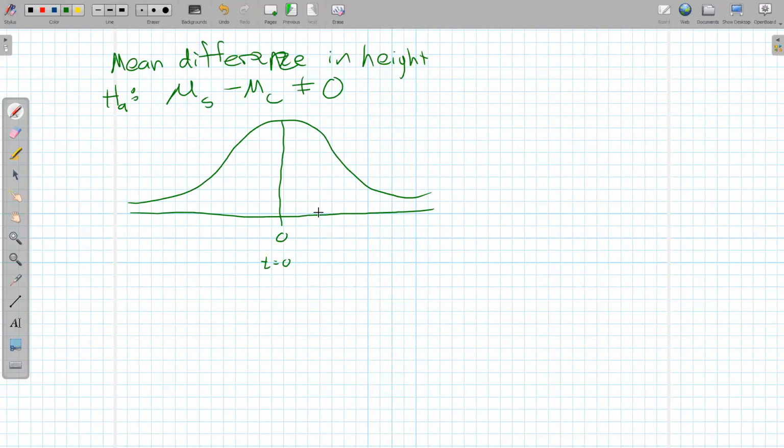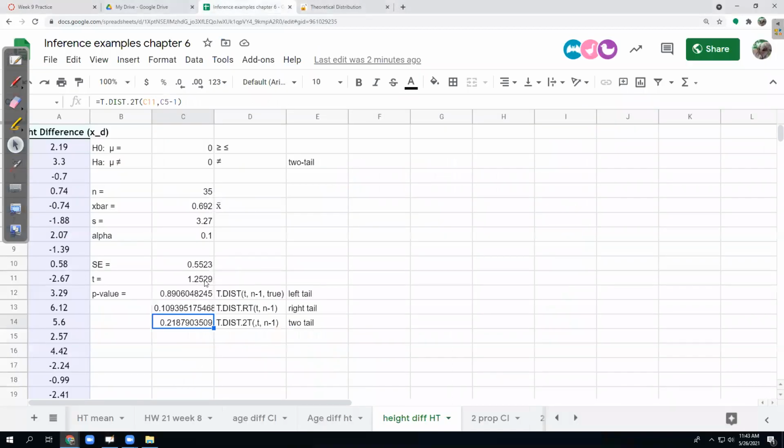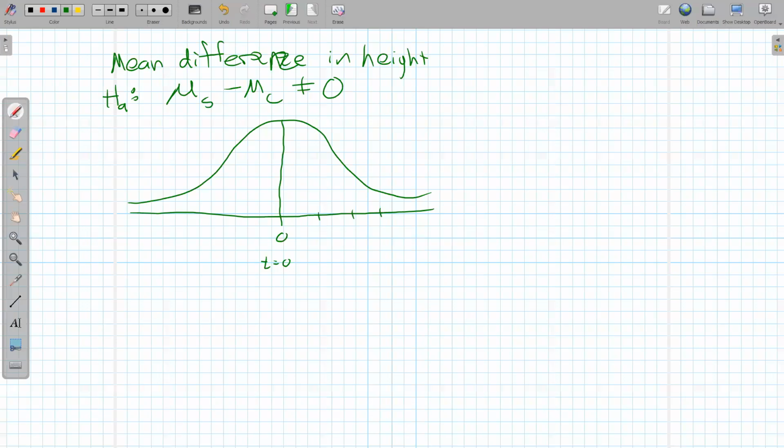And then 1, 2, 3 standard deviations to the right. We calculated about 1.25-ish standard deviations. So here's 1 standard deviation, there's 2. Our test statistic is about right here. T equals 1.25. Right, that's not way out in the tail. That's kind of close to the middle here.